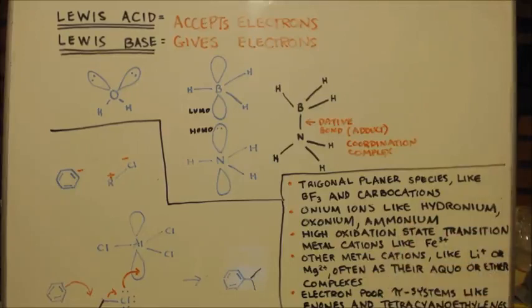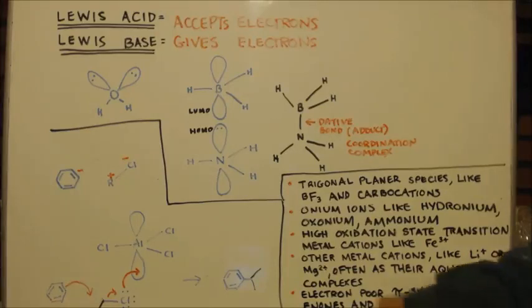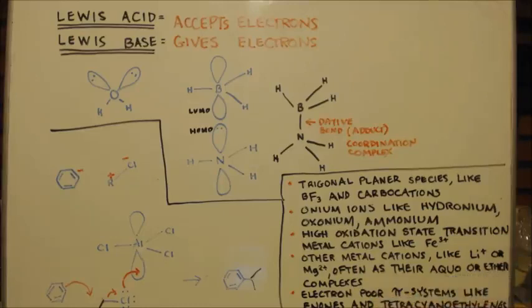Electron-poor pi systems like enones and tetracyanoethylenes. Now that one, I don't expect you to understand. Don't worry about it. Pentahalides. That just means penta, 5. Halides means chlorine, fluorine, bromine, iodine. But you have 5 of them attached to a phosphorus or an arsenic or an antimony. Those are all examples of Lewis acids.